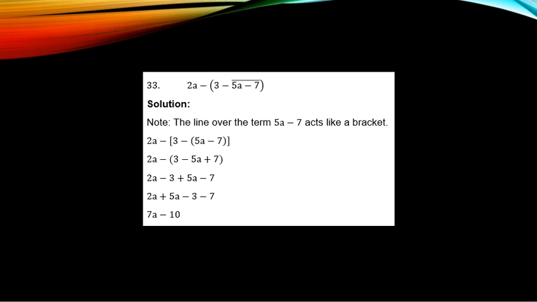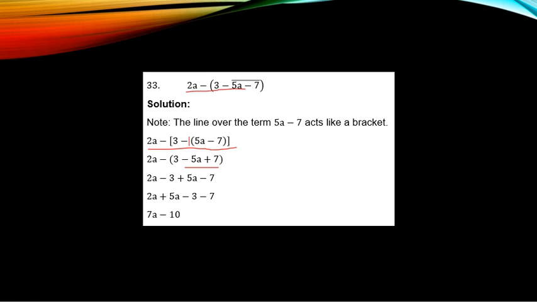So this expression properly written is 2a minus, you open a square bracket, 3 minus, you open a round bracket, 5a minus 7, you close the round bracket and you close the square bracket. So this minus here is like minus 1, so it needs to open the round bracket first. So you have minus 5a plus 7.